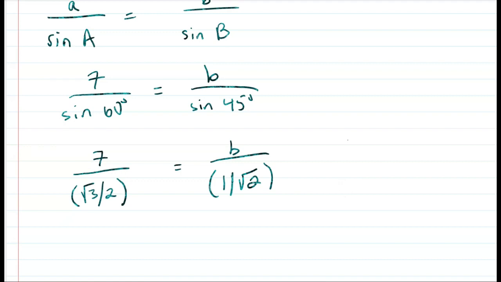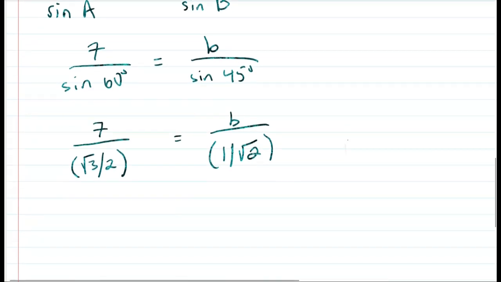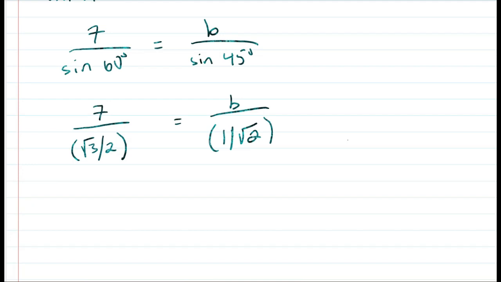Okay, so that takes us to the next piece. The next piece is creating 7 divided by the square root of 3 over 2 to be 14 over the square root of 3 equals the square root of 2 times B. And then the last piece is the algebra that we know about, which is just dividing both sides by the square root of 2 to get the B by itself.